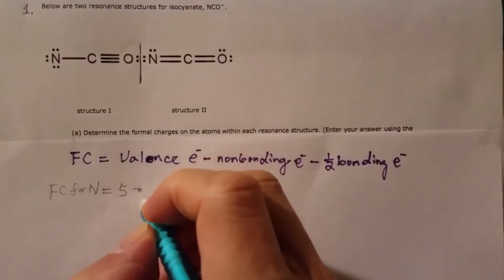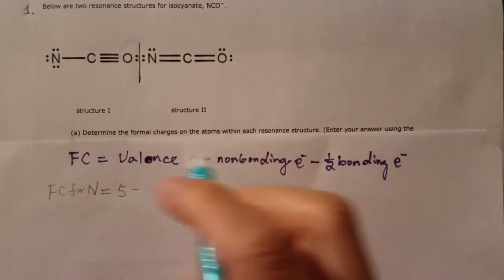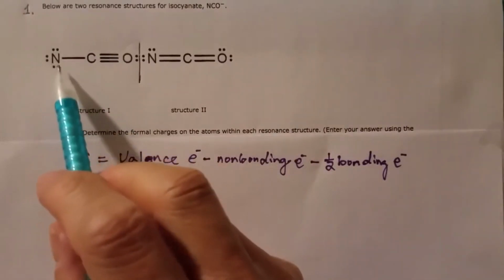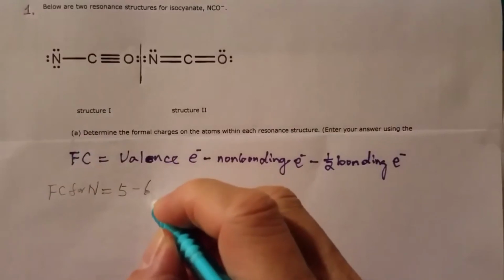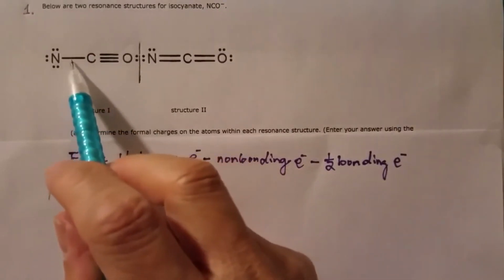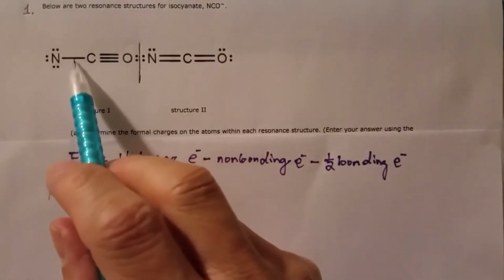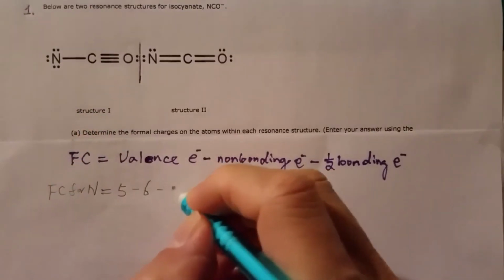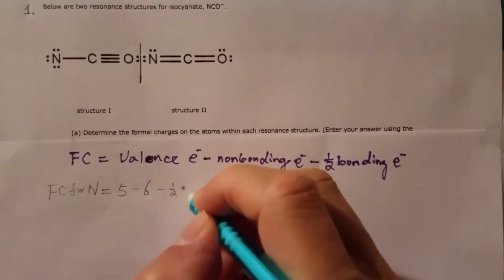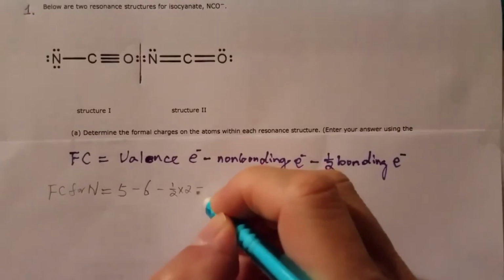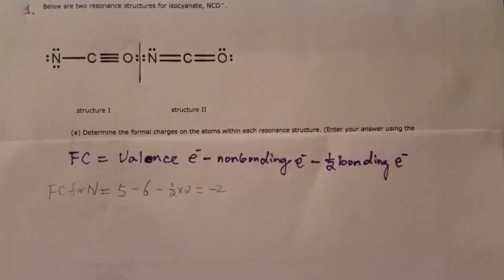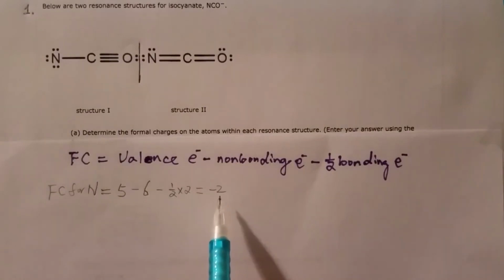And then the number of non-bonding electrons, there are 3 lone pairs, a total of 6. And there's 1 single bond right there, that's 2 electrons, 1/2 of the 2 electrons. So that should give us -2 for nitrogen.